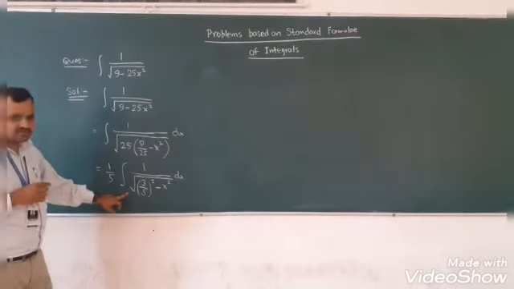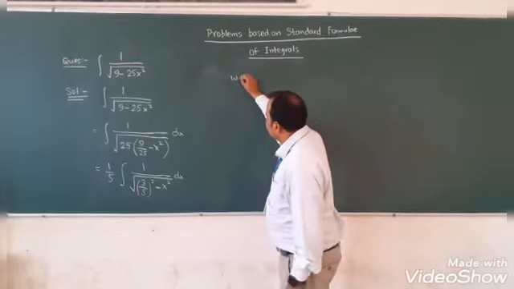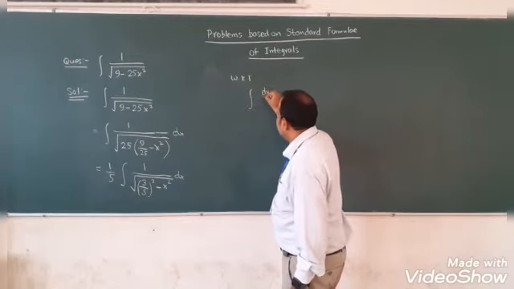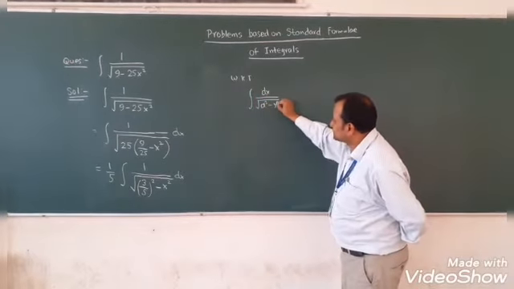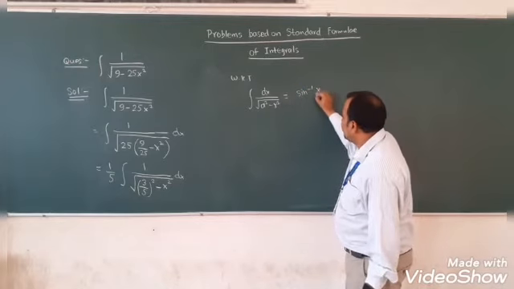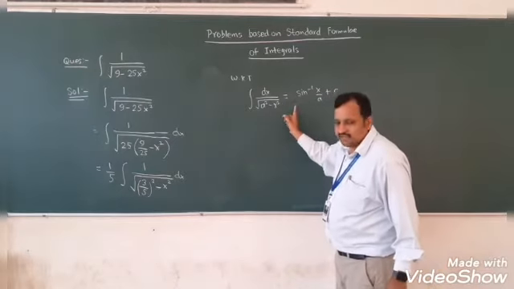Now this question belongs to which form of integral? We know that integral dx divided by square root of a square minus x square is equal to, formula is what? Sine inverse x by a plus c. So I am applying this formula here.